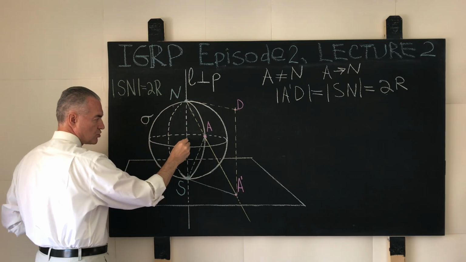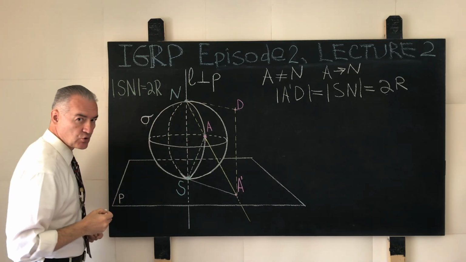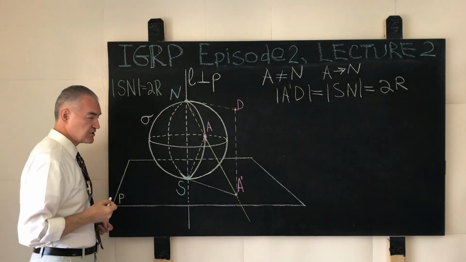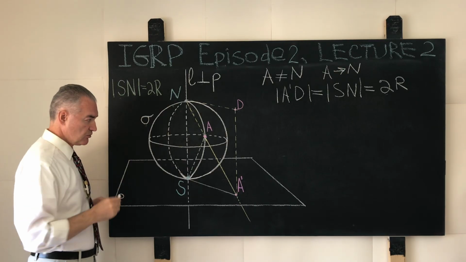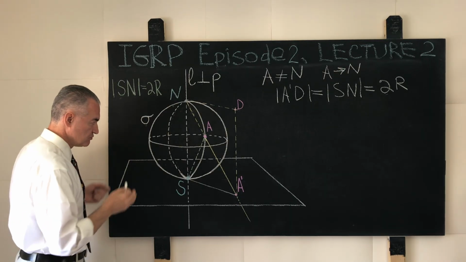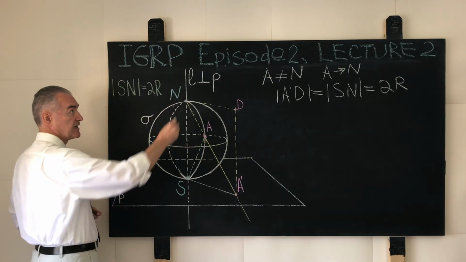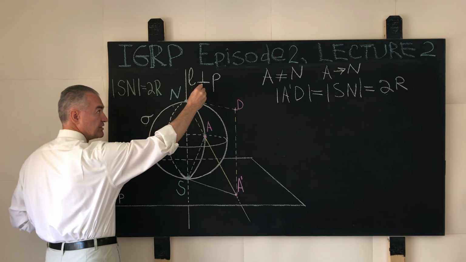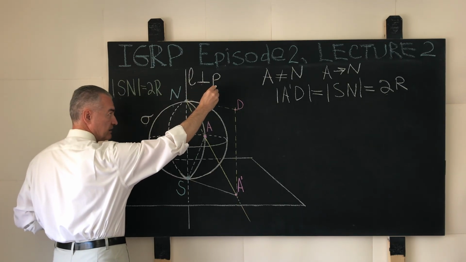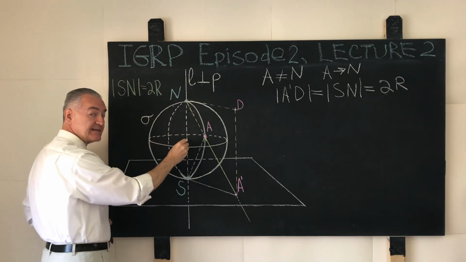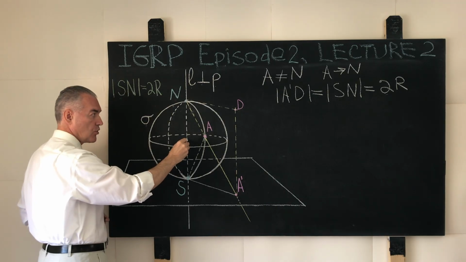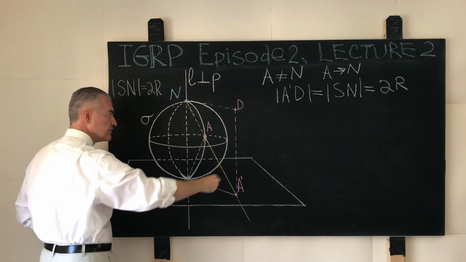I do not show the center of the Riemann sphere in order to avoid clutter. We do not need more symbols than we have to, but it should be understood that the straight line L perpendicular to the plane P contains the center of the Riemann sphere sigma.